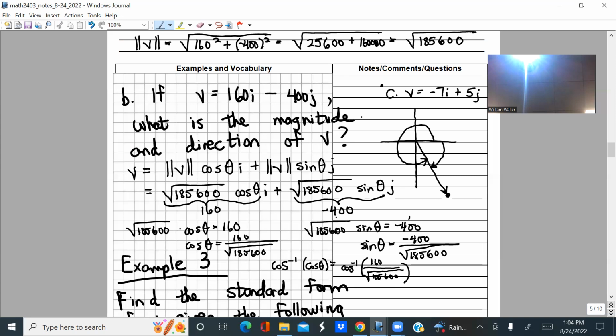Or you could use this equation as well, so theta is equal to the inverse sine of minus 400 over the square root of 185,600. Let's try this one. I like this one better than doing the other one.